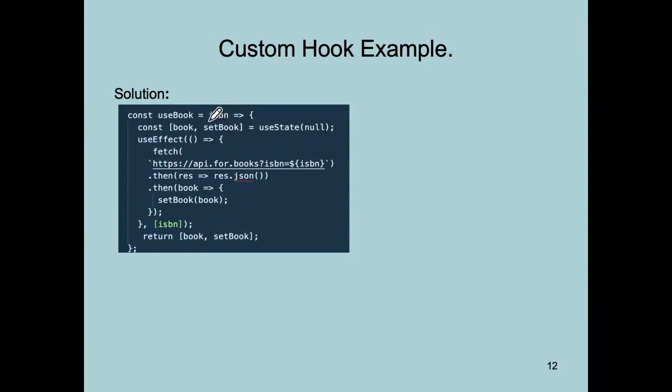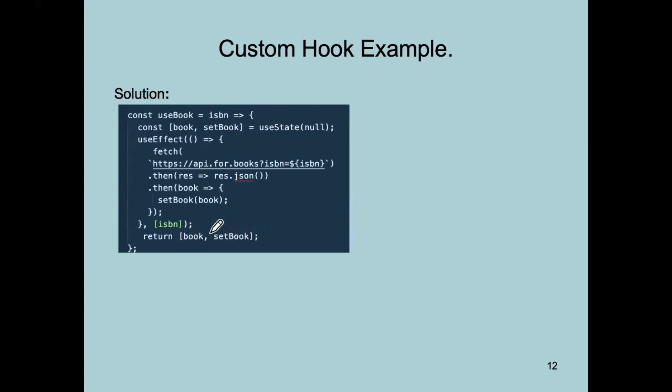The useState hook here is returning a book object and the setter method, and my custom hook is returning the exact same information. I didn't have to put it inside an array. I could have put it into an object with appropriate keys for these two pieces of data. It doesn't really matter. I just stuck with the array as the return value.